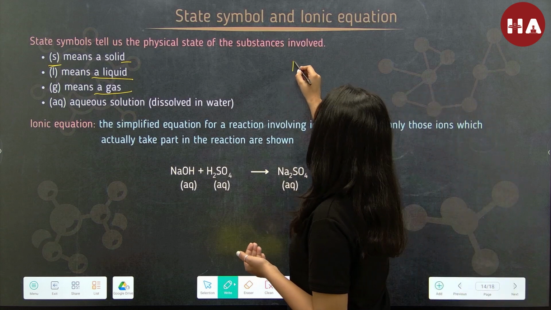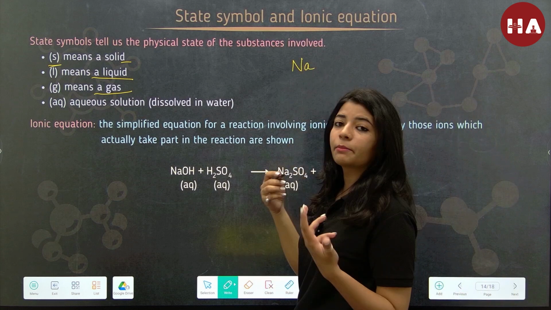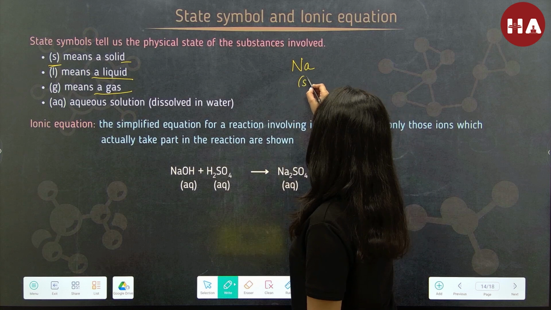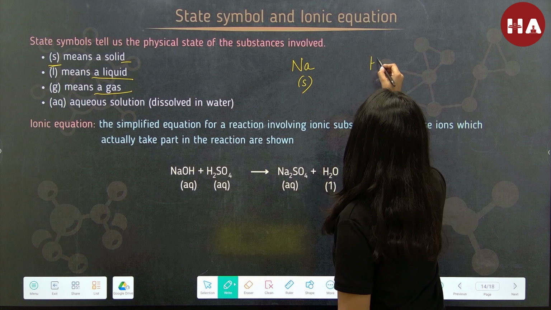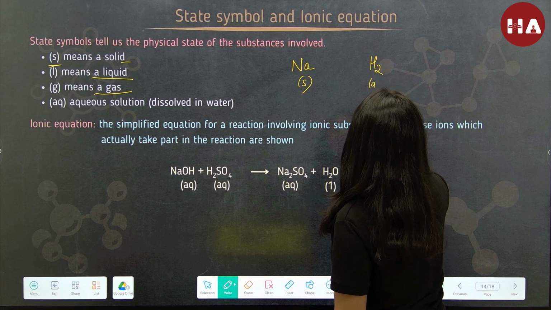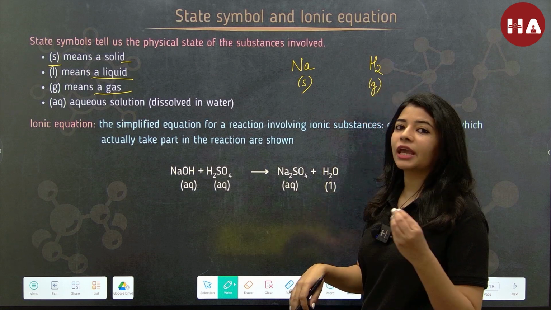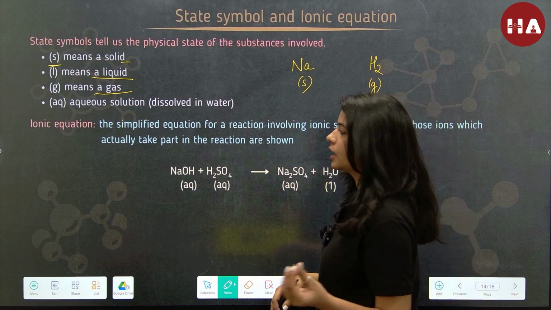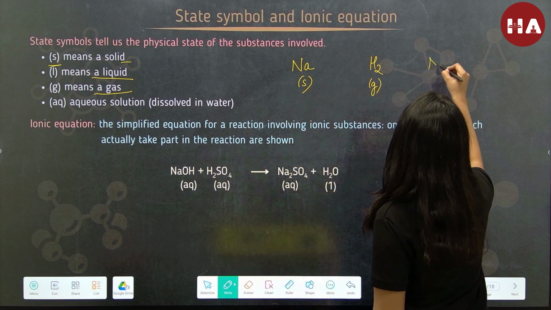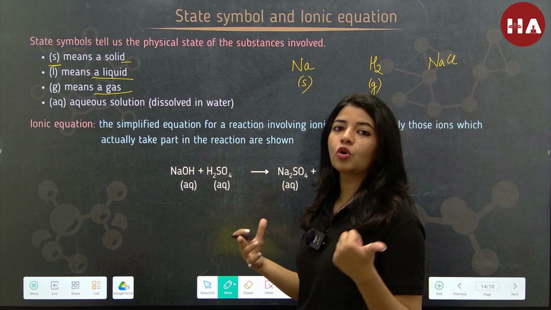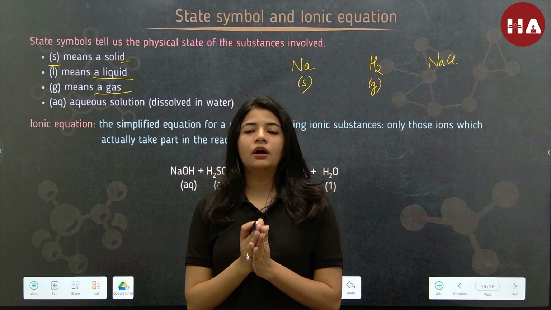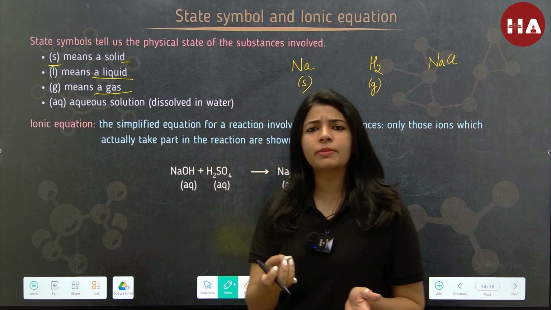Okay, if I write Na, Na is a metal, it is solid, right? So I'll write S over here. If I have to write, let's say H2, I can write G over here. It will describe that H2 is a gas which is formed. Okay, then if I have to write NaCl, sodium chloride, it can be in solid state also, it can be powdered form also, it can also be a solution.